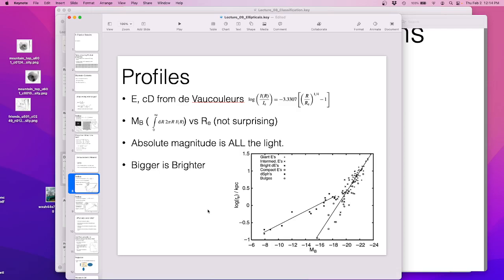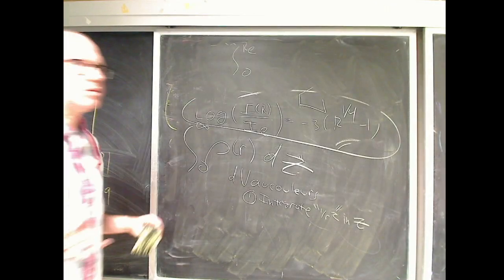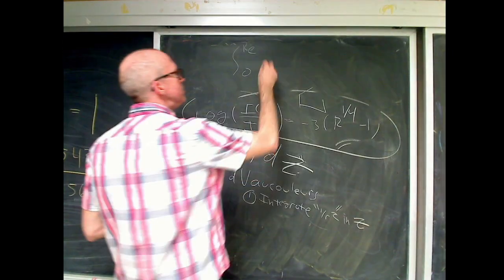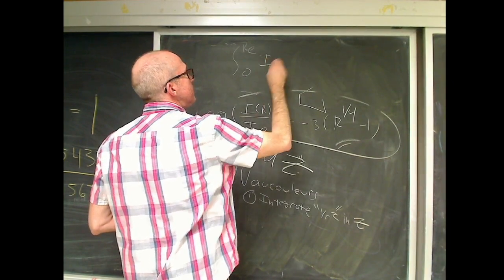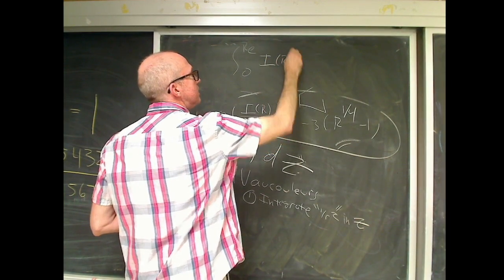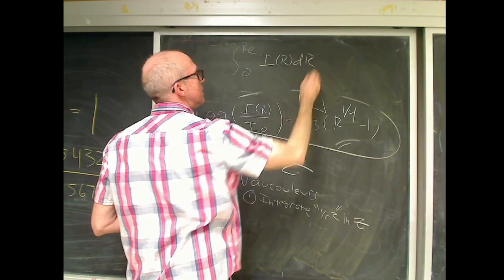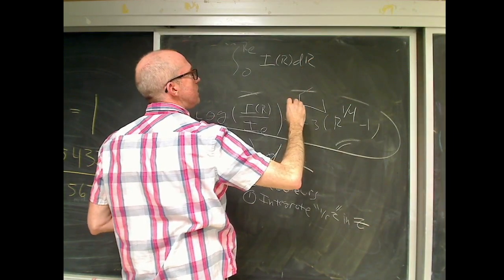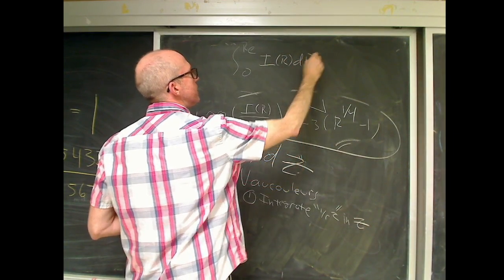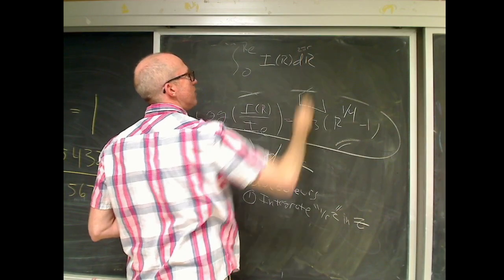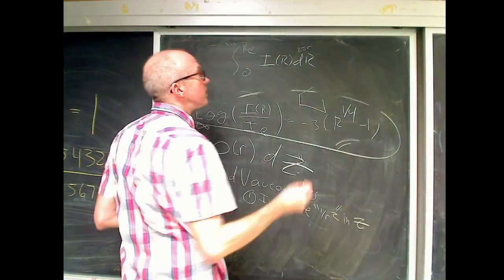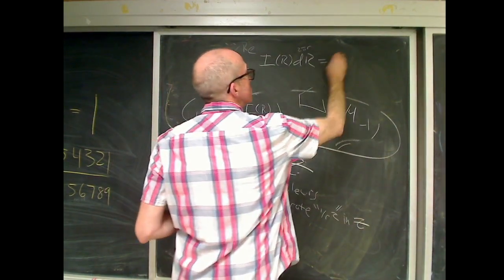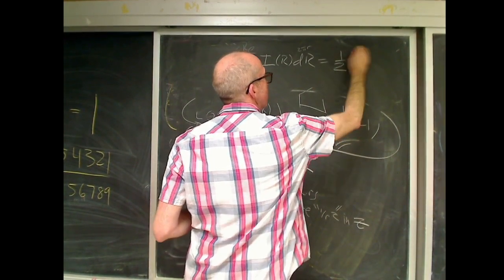The definition of this quantity is in the integral, which is a weird spot to put a definition, but that's okay. The integral of I with respect to R, and I think I need a 2 pi r in there because this is a 2D integral, right? Equals 1/2 of I total.